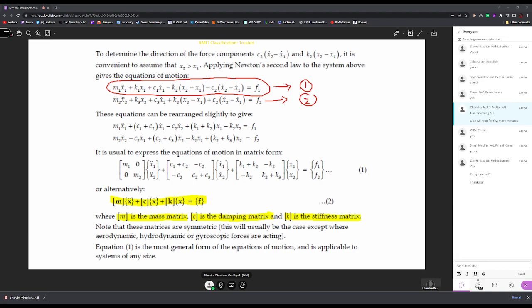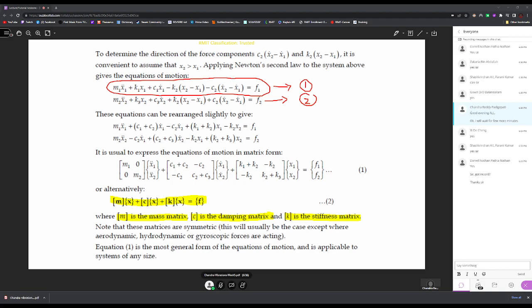We can now rearrange these in a slightly different form, so that we will have a matrix arrangement for these equations. Now equations 1 and 2 can be rearranged by expanding the terms.